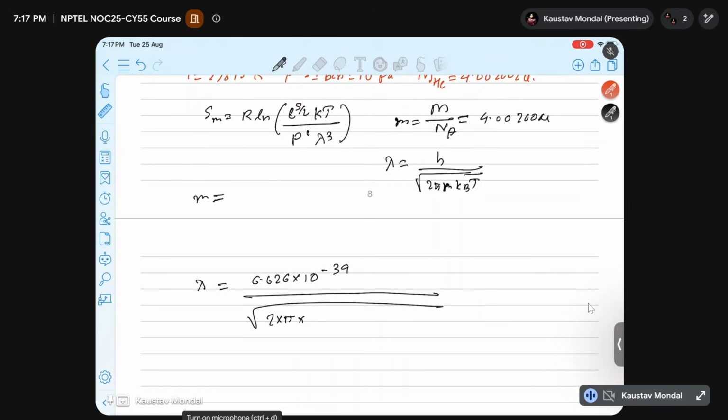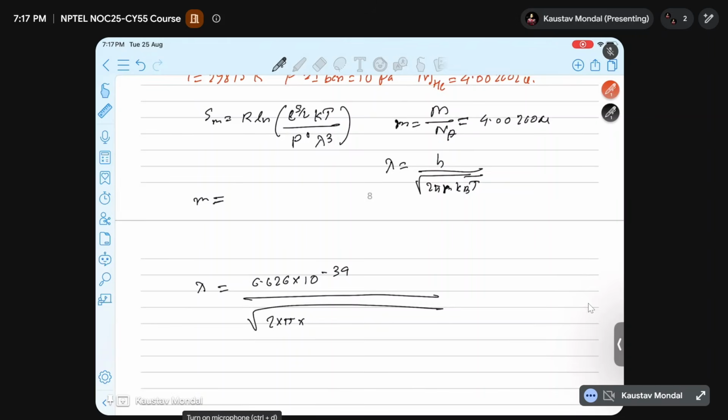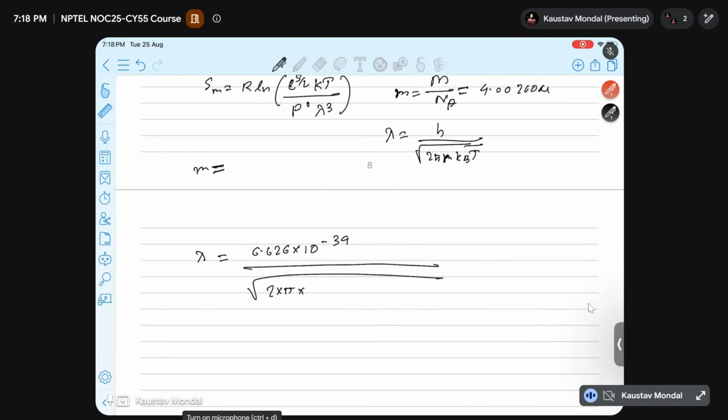You have to convert atomic mass into kg, so multiply this with the mass of a proton in kg. If you multiply that, you'll get m as 6.6465 into 10 to the power minus 27 kg.